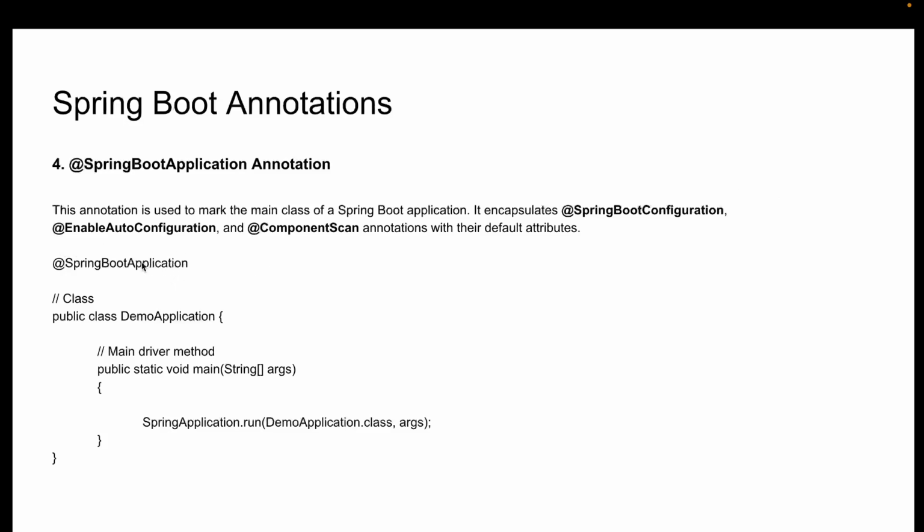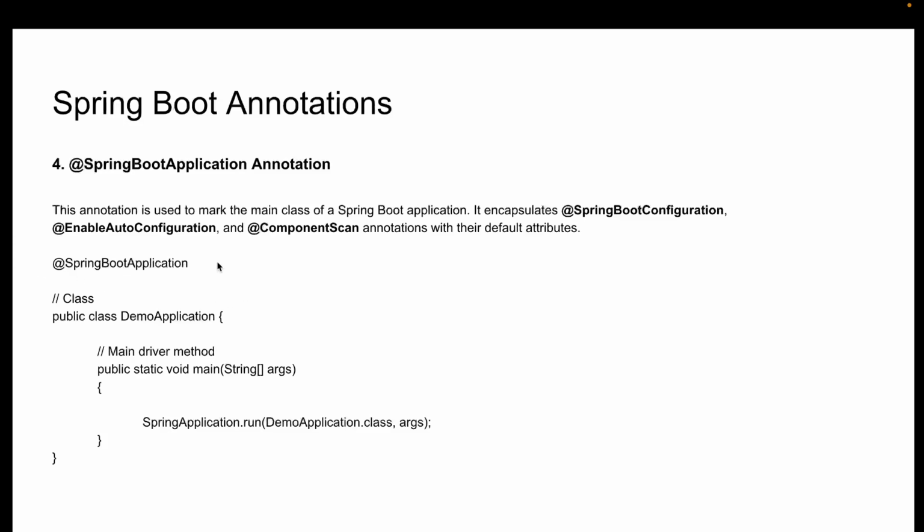And this @SpringBootApplication starts your application. It creates the application context of the application. It helps you initialize your Tomcat server. It helps you add configurations to your Java objects. It also helps in component scanning.